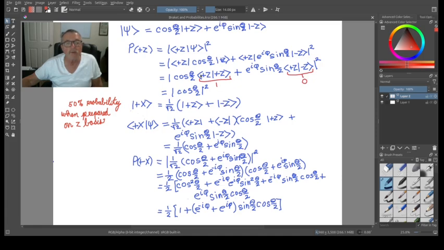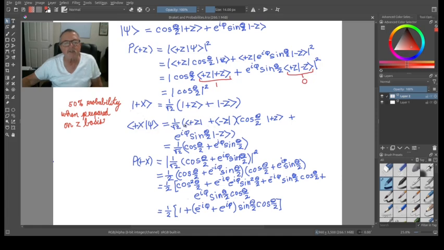Now, we went through this projecting the z on the state, so now we're going to do the x. And what gets more complicated is that we've got these z bra and ket vectors in here that we have to deal with. Okay, notice that when I represent the x, I've got the bra vectors now.